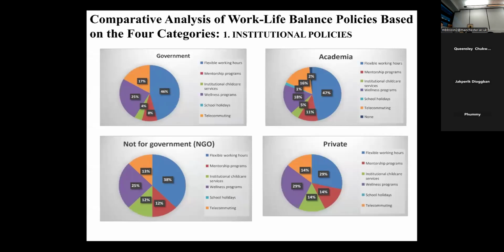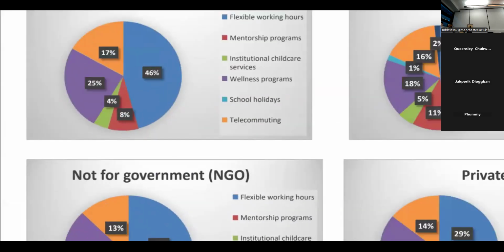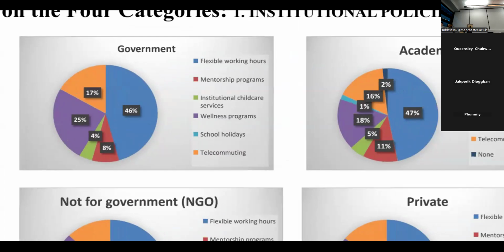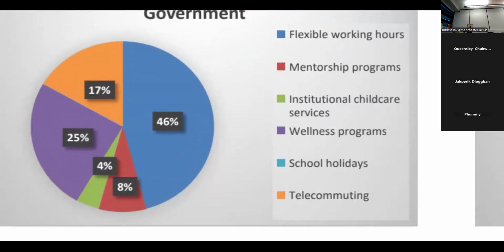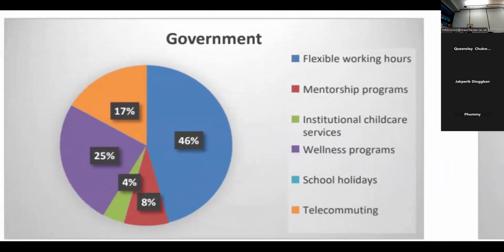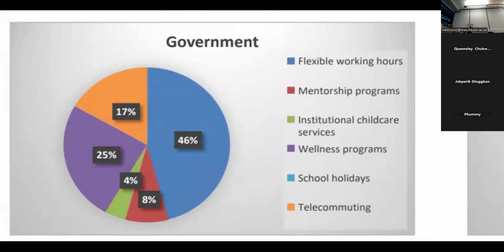Among all those questions that were given, we have flexible working hours, which is the most implemented policy. We can see from the diagram. I'm trying to enlarge it so that we can see through.